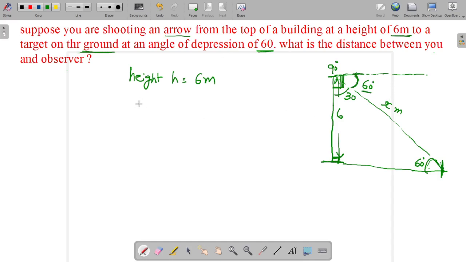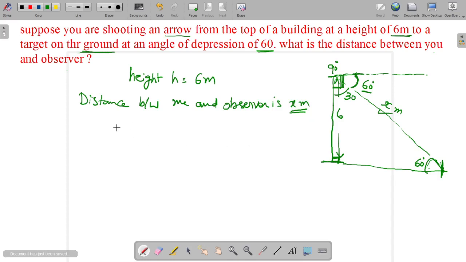What is he asking? What is the distance between you and the observer? The distance between me and the observer is x meters.